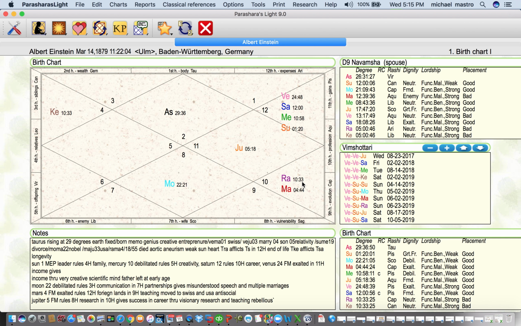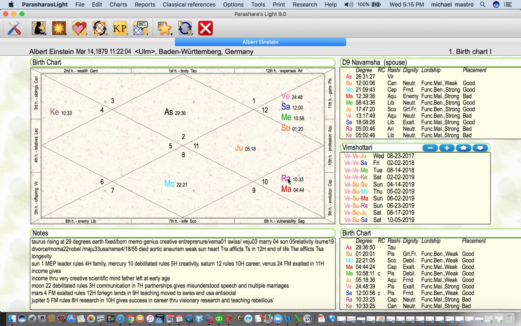Now, just a quick thing. Rahu and Ketu aspect 5, 7, and 9 houses away. They are not close to within 5 degrees of the rising sign degree. So in Einstein's chart, I don't think they're causing much damage.